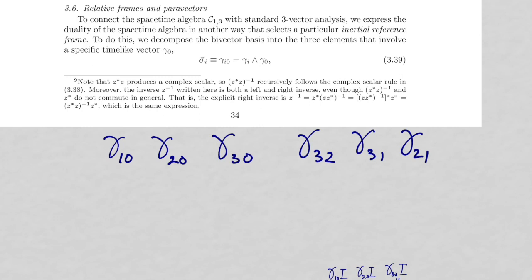These are the 6 bivector basis vectors, but we're just going to take the ones that have the space-like part second, right? So this is gamma 1, gamma 0, for example. We put the space-like one second. And those are going to be our first 3. We're going to break those out. And these are the second 3.